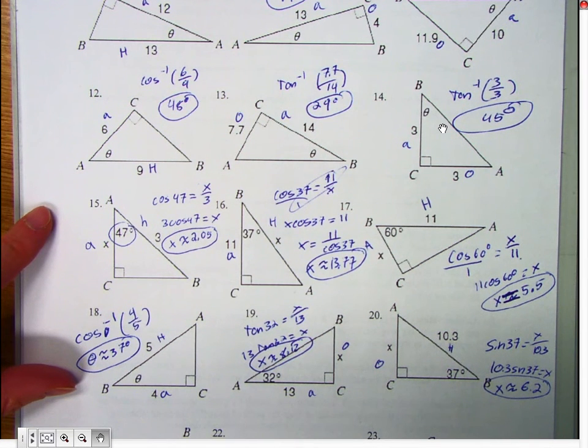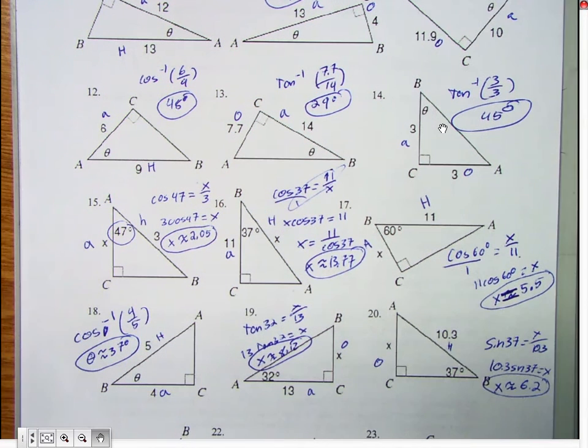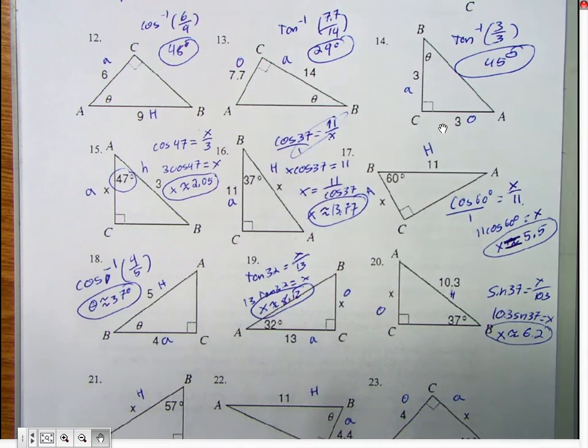Number 17, we used cosine and got x is 5.5. I don't see yours. Okay. Number 18 is inverse cosine, 37 degrees.